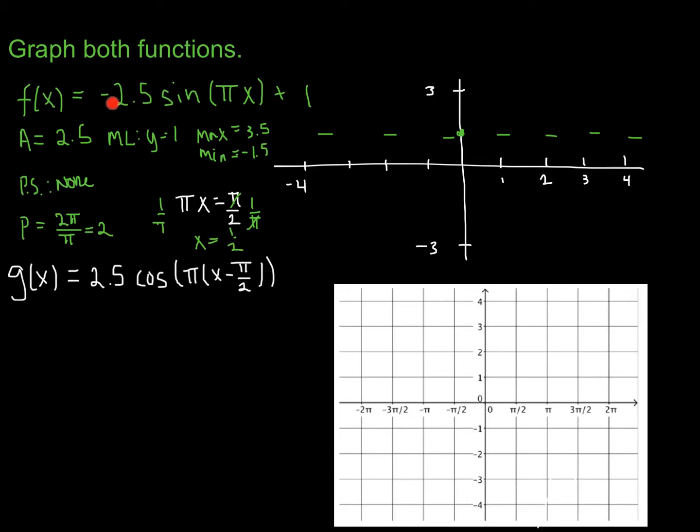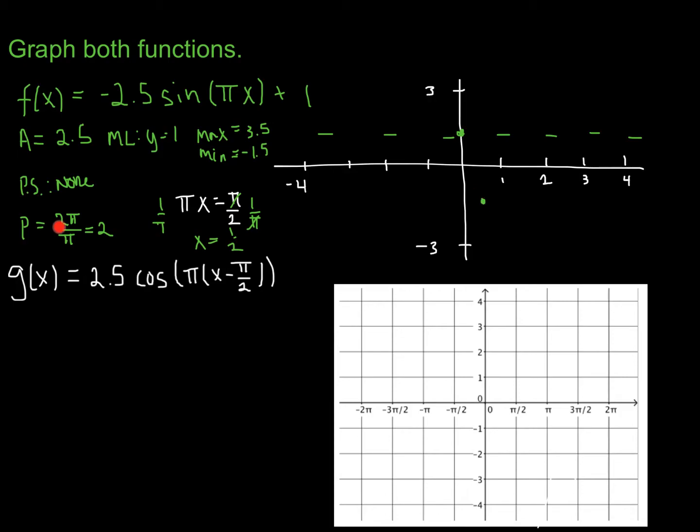But since I've reflected, it's not going to be at its maximum. In fact, it's going to be at the minimum, because 1 times negative 2.5 is negative 2.5, plus 1 is negative 1/2. So I'm actually going to be at negative 1/2, and that's going to be a minimum at the x value of 1/2.